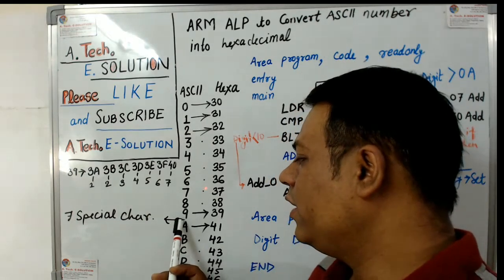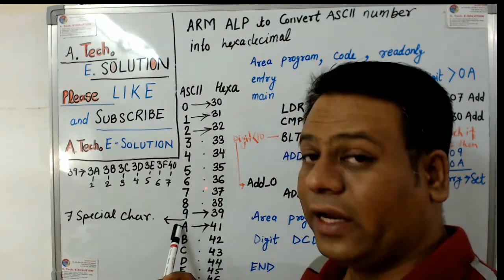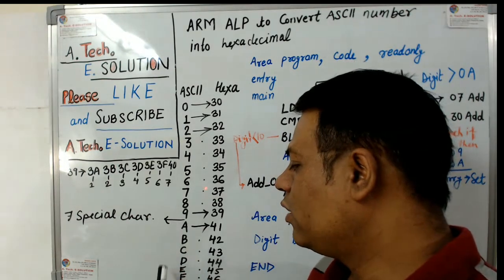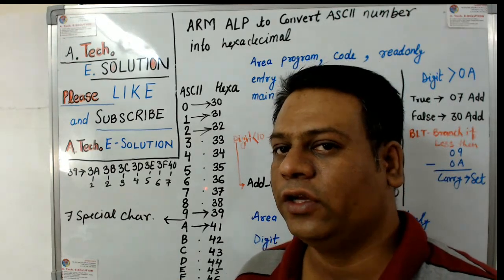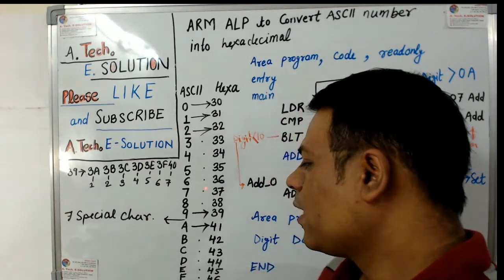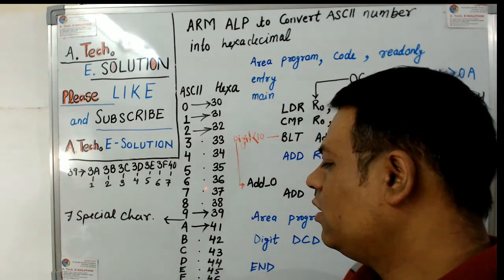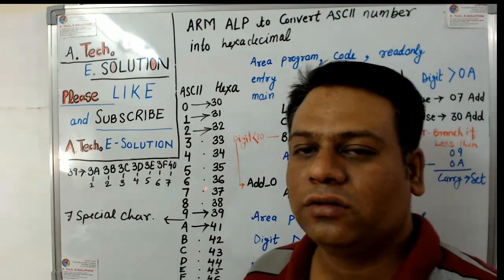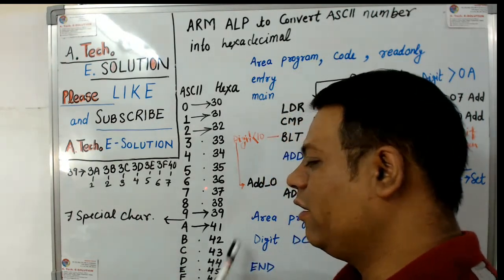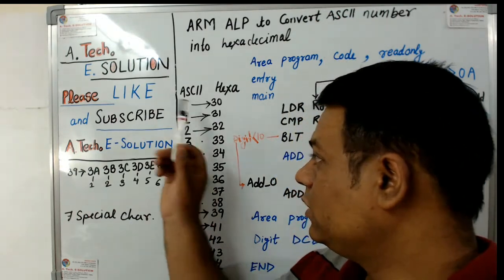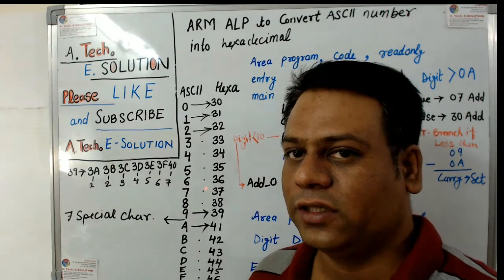If a number is greater than 9, then we are going to add 7 plus 30 to that number. So we will get the output from A to F by adding 7 plus 30 to that number. So this is the basic logic behind this conversion.